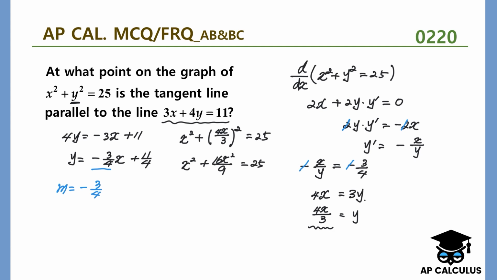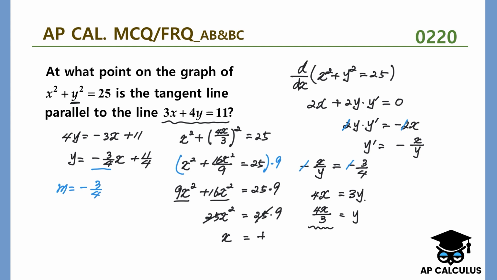So I'm going to multiply each side by 9. We have 9x squared plus 16x squared is equal to 25 times 9, right? So the sum of these two, that's 25x squared, is equal to 25 times 9. So 25 cancels out. We have x is equal to plus or minus 3.